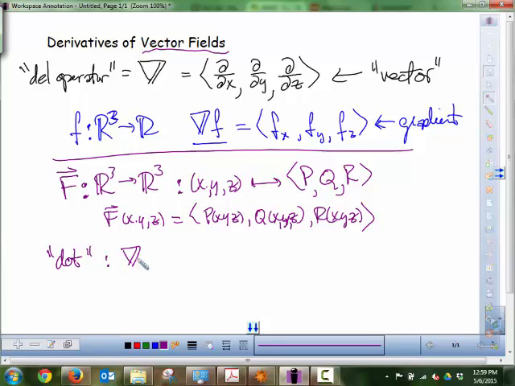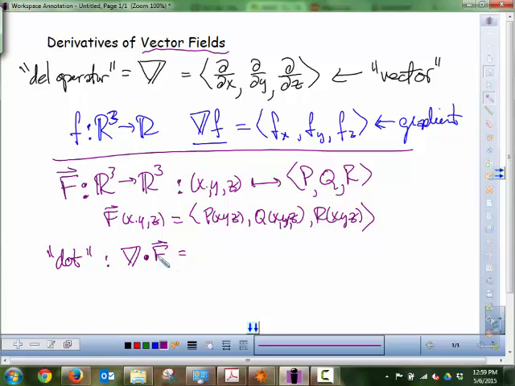Where we take our del operator and then we dot it with a vector field. So what is our result there? Our result is taking this P function and taking the derivative of the P function with respect to x. Is the result going to be a vector or scalar? Scalar.